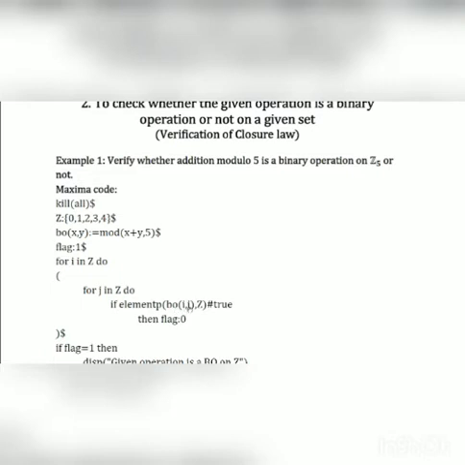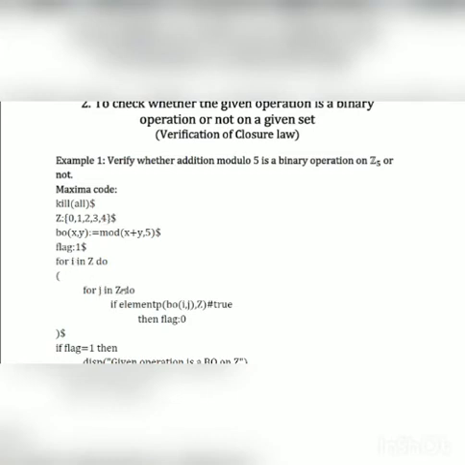I is 1, j is 0. 1 comma 0, that is 1 plus 0, which is less than 5, and the answer is 1. 1 is in Z. Therefore true, flag 1. Then j will take 1. 1 plus 1, which is less than 5. Therefore 2 will come. 2 is in Z and it is true. Therefore the flag is 1.